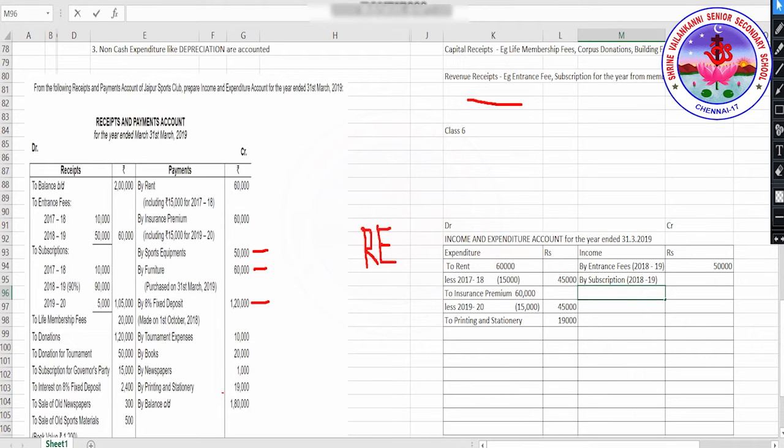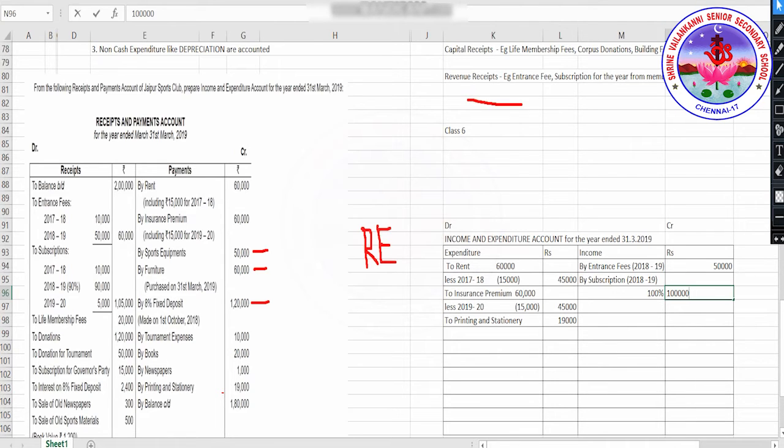What is 100 percent? Now we are going to take 100 percent, which is 1 lakh, because 100 percent is relevant for this particular period. Even though in the receipt column we have received only 90 percent, what is relevant for this particular year is 100 percent. So I am taking 1 lakh.